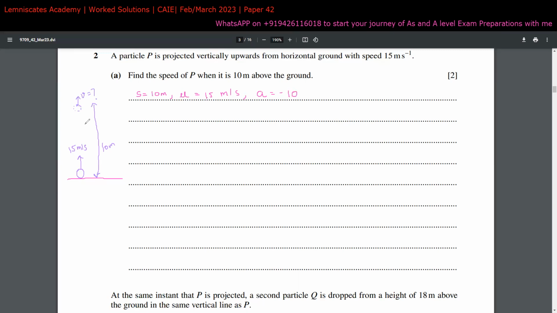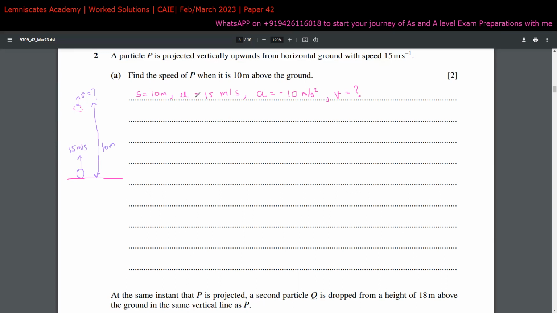So minus 10 will be the value. There is no other force existing on this particle, and in the y direction the acceleration would be minus 10. And we have to find out the value of the final velocity when it reaches the 10 meter spot.